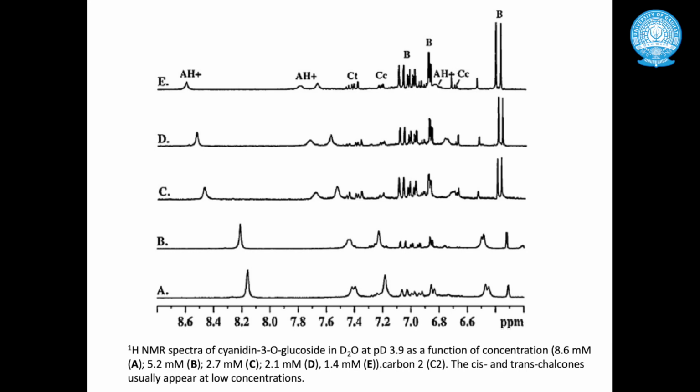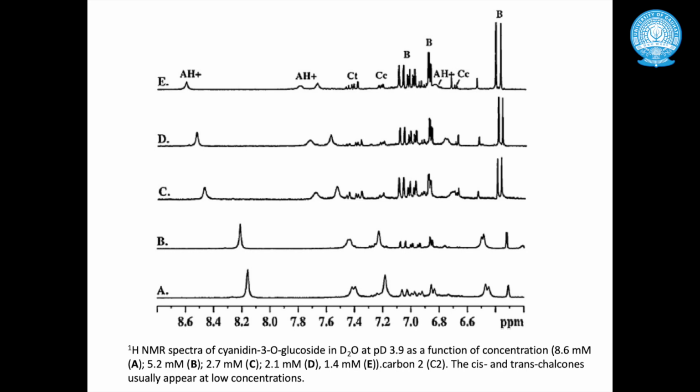when the concentration is very high, particularly in the case of A, you see 8.6 millimolar, the separation of peaks at 7.4 ppm is not sharp enough, and there is also a shift of the peaks.